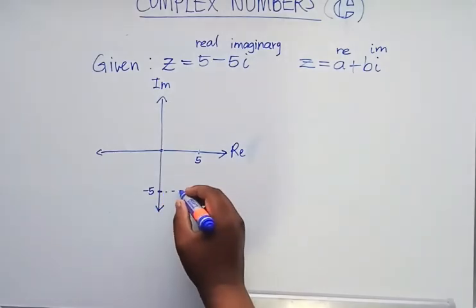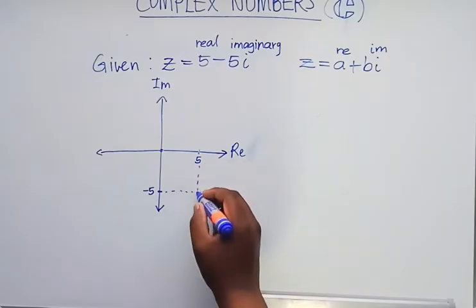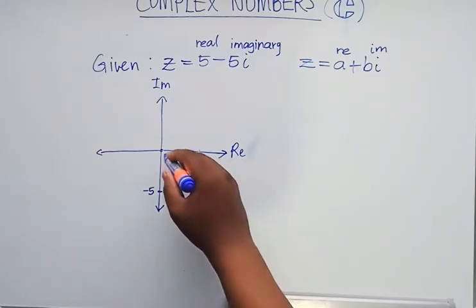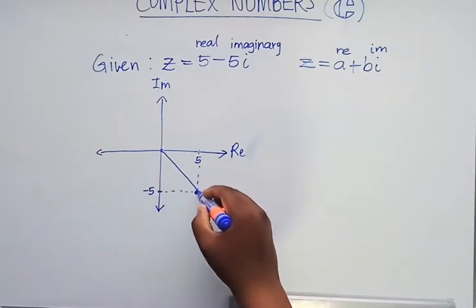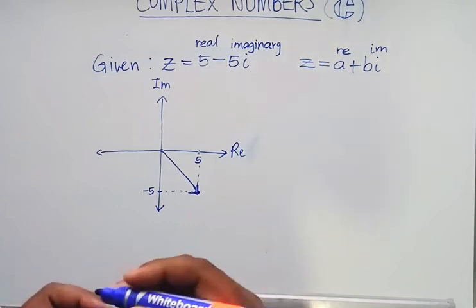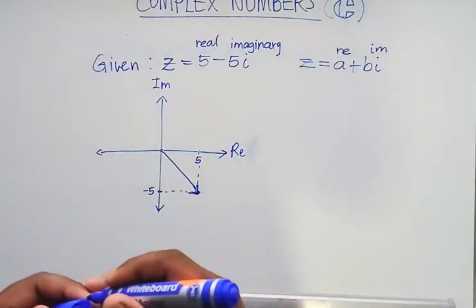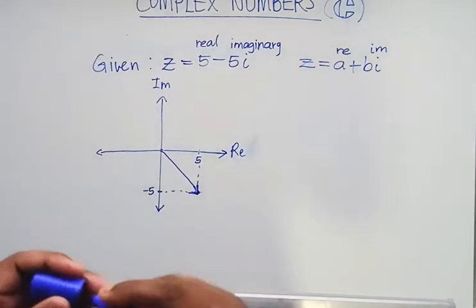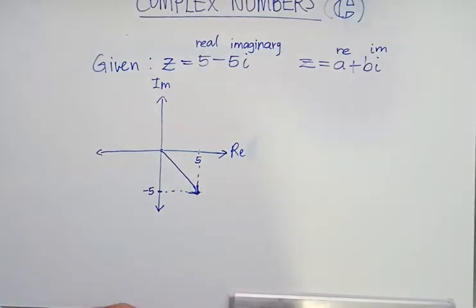So when these two meet, where they meet, we are going to have our complex number represented as an arrow. Our complex number is 5 minus 5i, and that is how you represent your complex number in the Cartesian plane or in the complex plane.